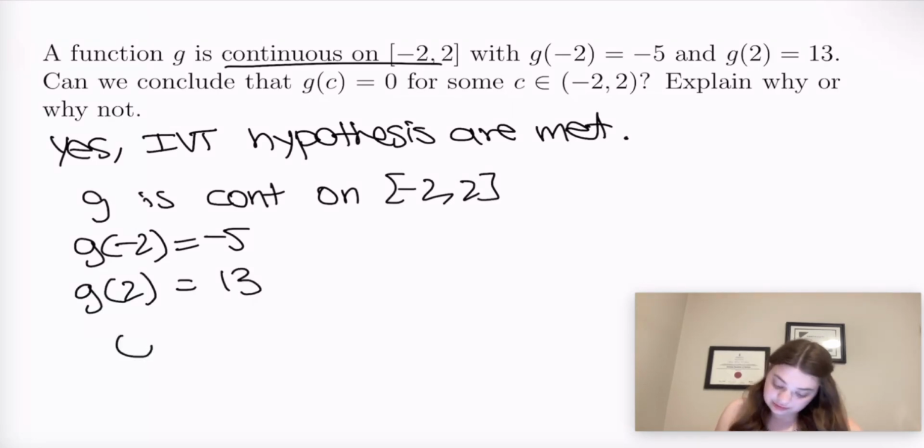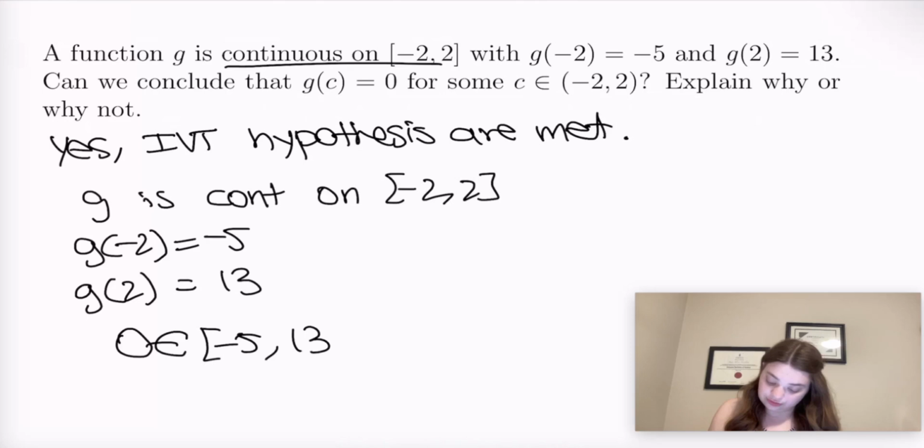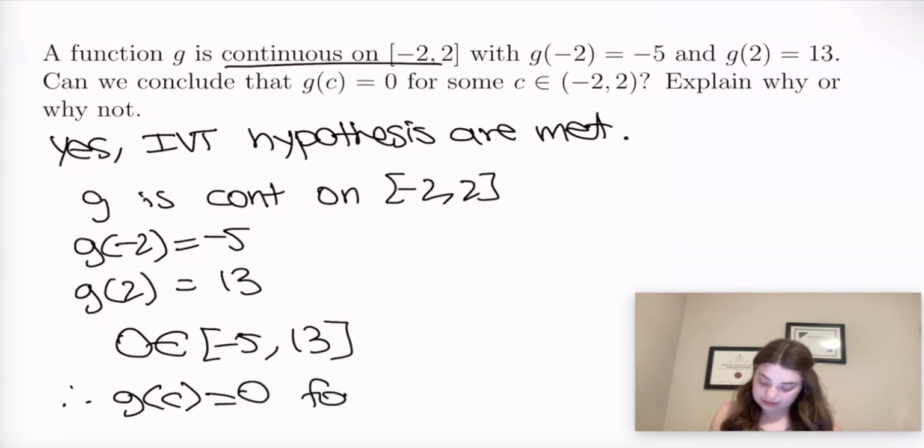And because 0 is an element somewhere in the range of negative 5 to 13, therefore, that does tell us that g of c equals 0 for some c, right? There must exist some c for which that is the case. Now, we don't know what that c is without knowing more info, but yes, intermediate value theorem does say that this must be the case.